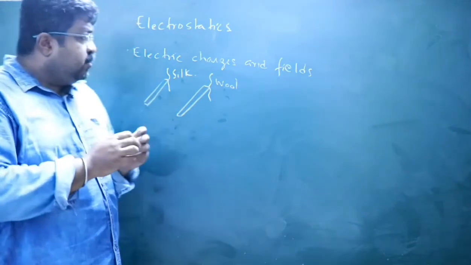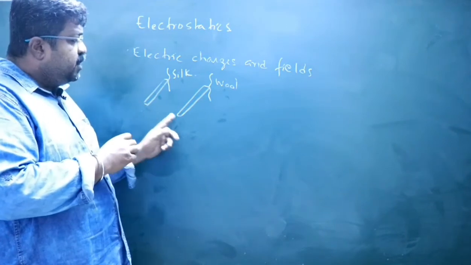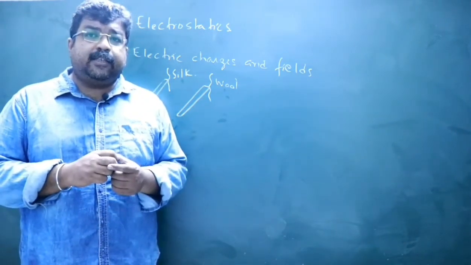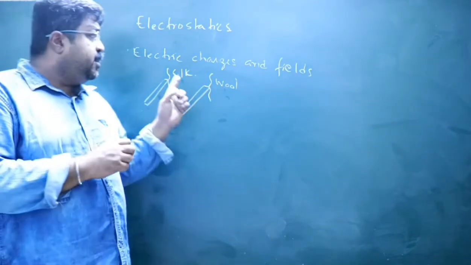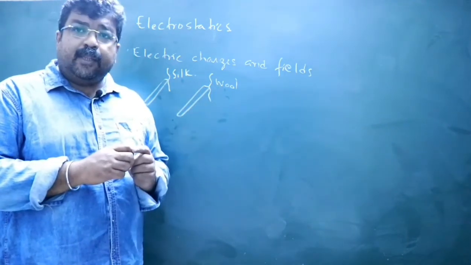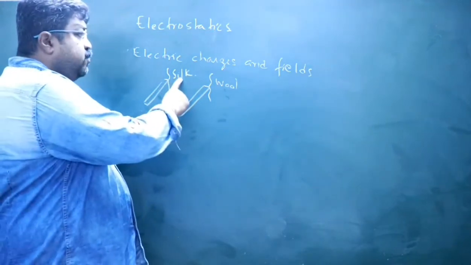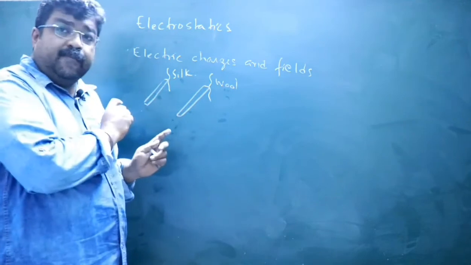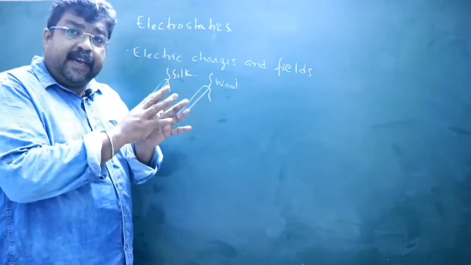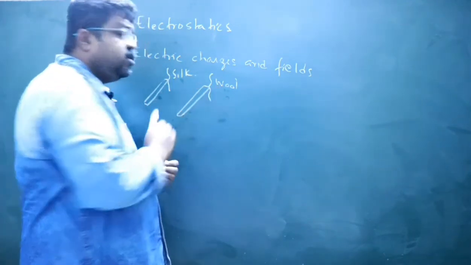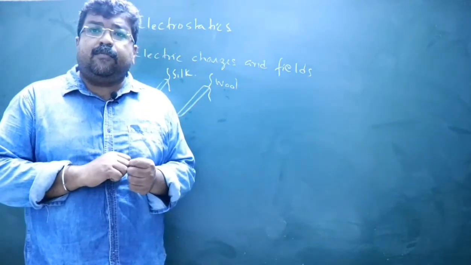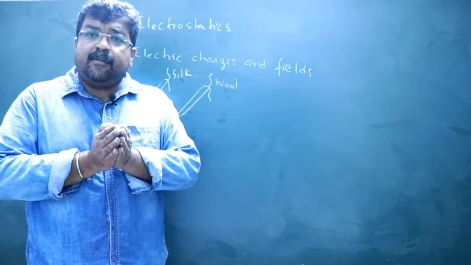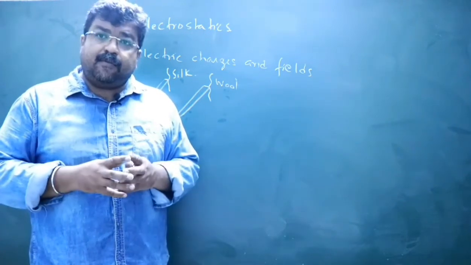So with regard to electrical behavior, these two show the same kind of property, and similarly the silk and the wool. Now after the rubbing, when the glass rod is brought close to the wool, it was observed that they experience an attractive force. So these are some of the observations.